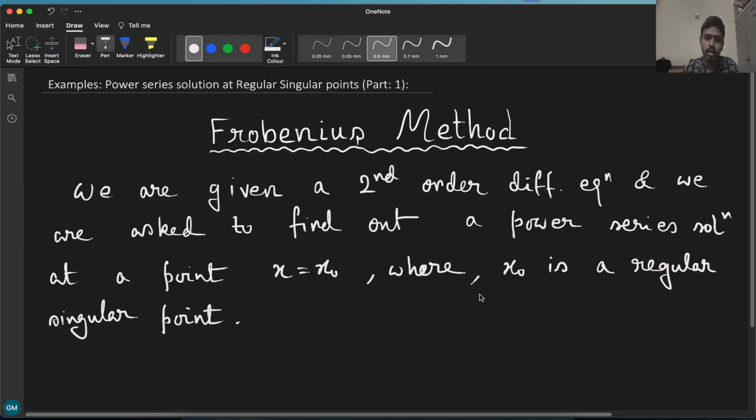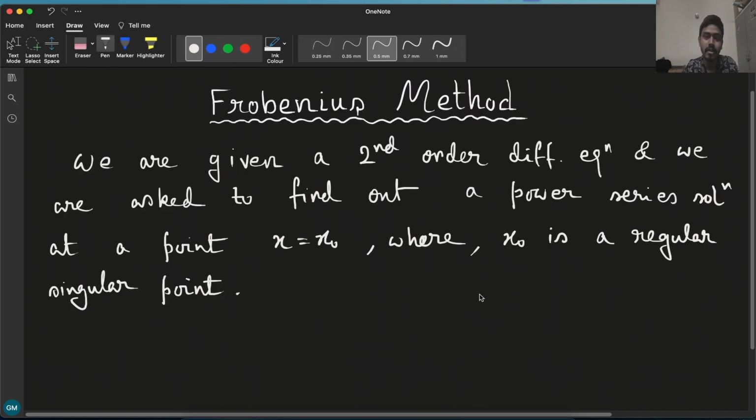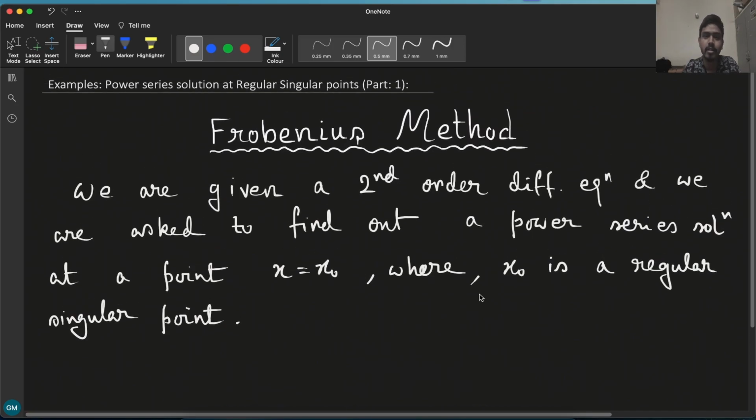For example, we already showed that if we are given a Bessel equation, in that case the x equals to 0 point will be a regular singular point. So there we will apply basically this Frobenius method to get the Bessel functions.